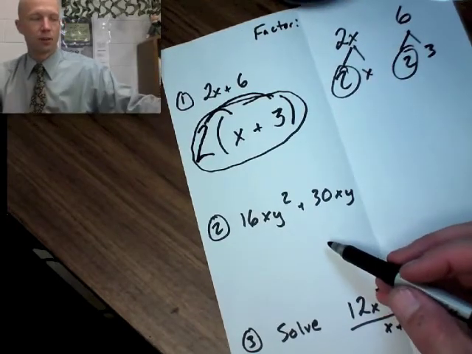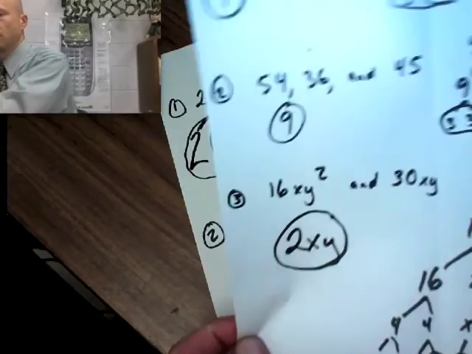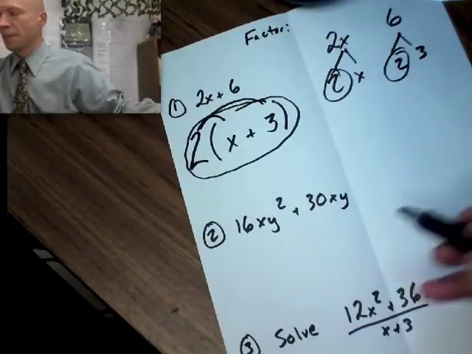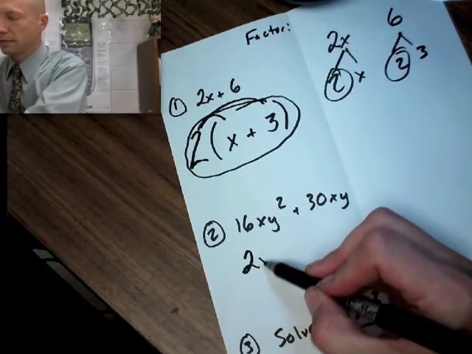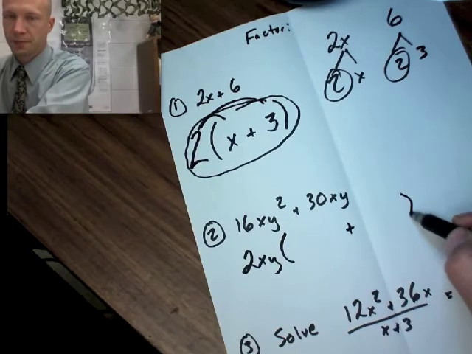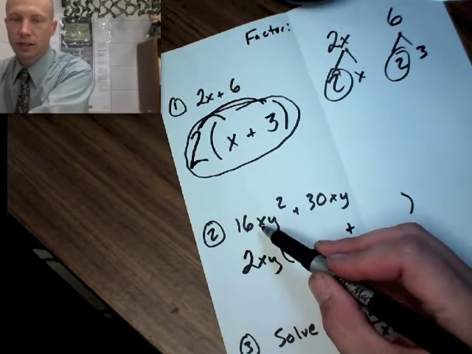Now 16xy squared plus 30xy, we already know from before that our greatest common factor is 2xy. So this is going to be 2xy times something plus something. So how many times will 2xy go into 16xy squared?